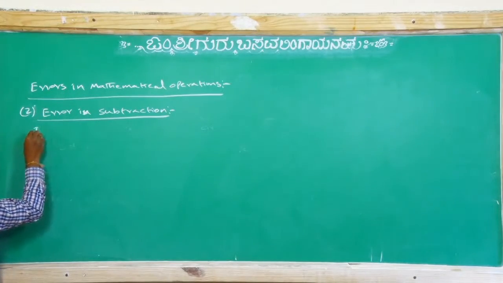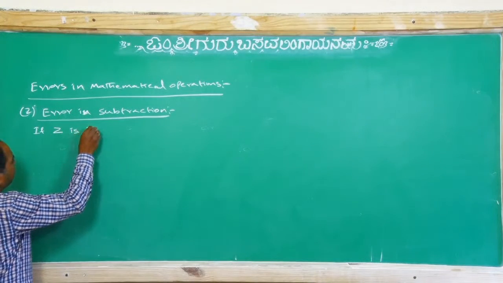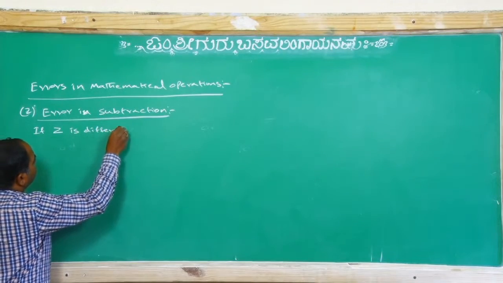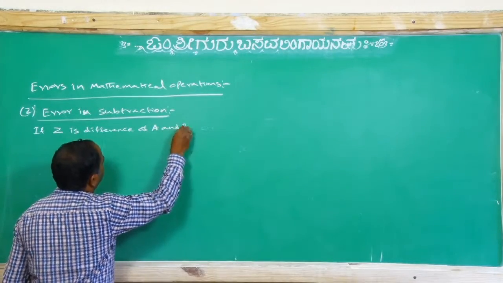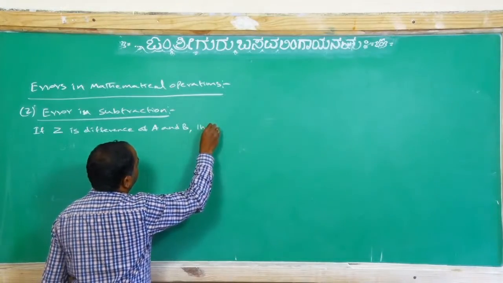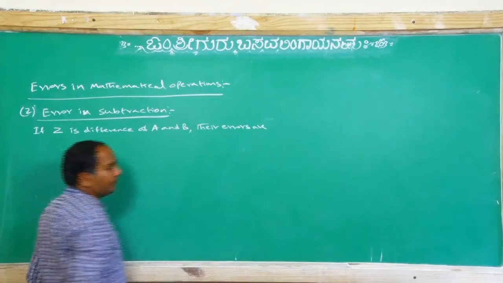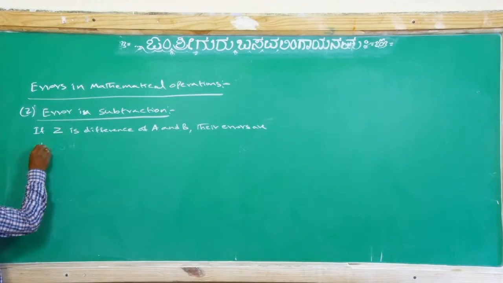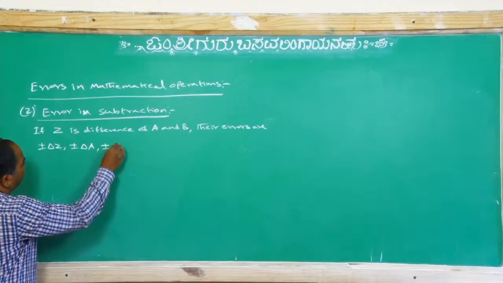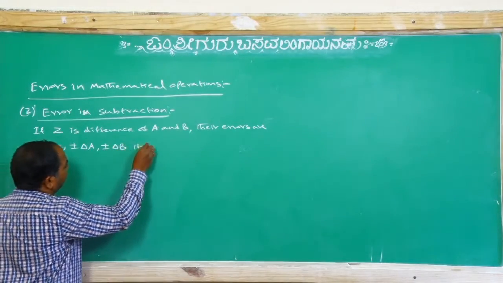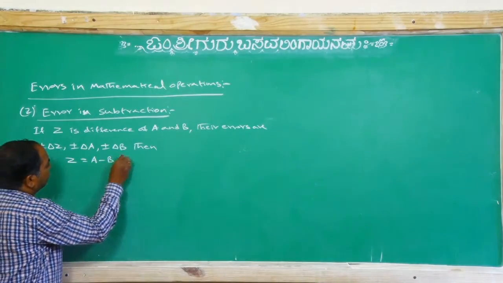If Z is the difference of A and B, and their errors are, here errors are what we are considering, plus or minus delta Z, plus or minus delta A, plus or minus delta B. Then Z is equal to A minus B, equation 1.